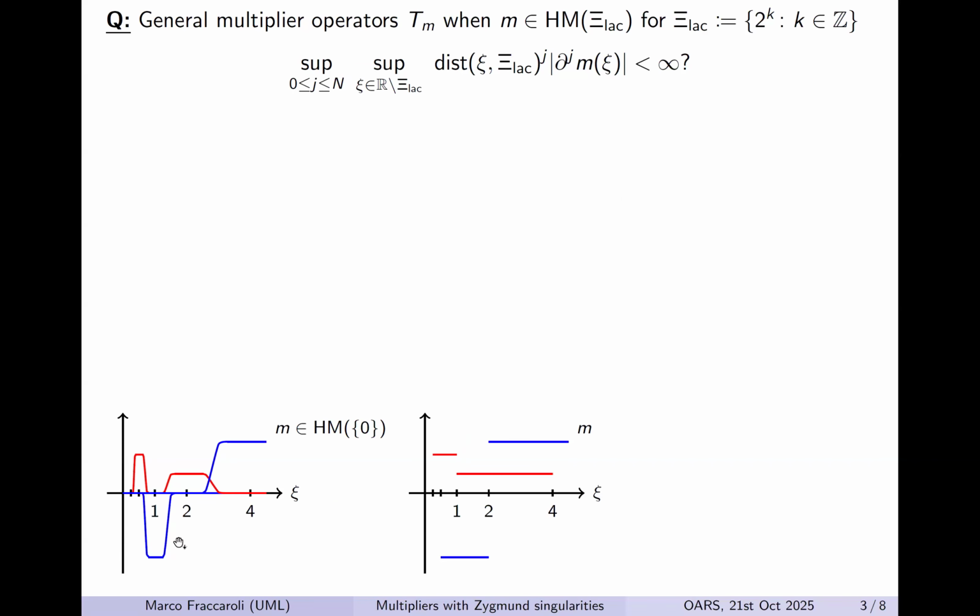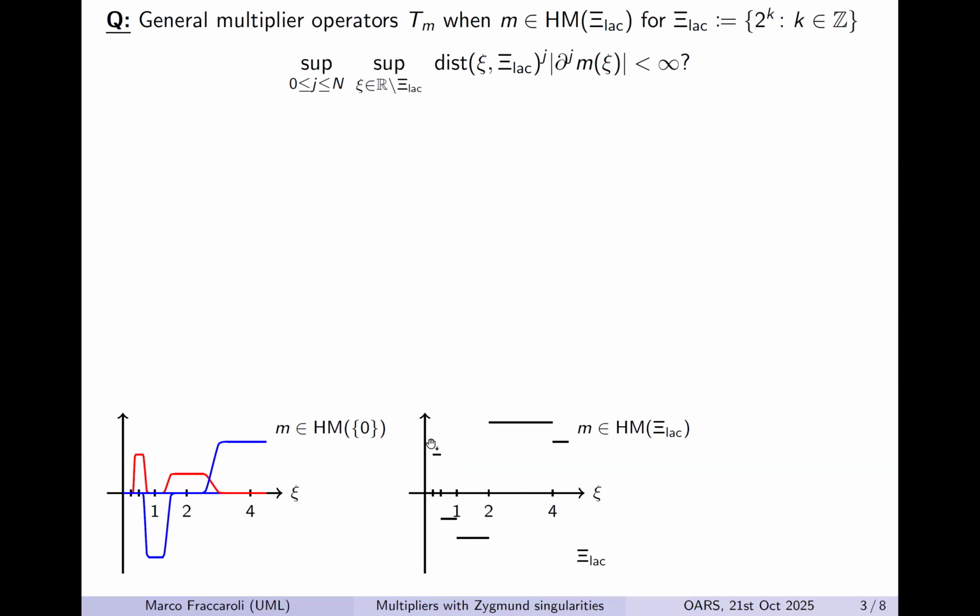So now you could ask, let's go back to the smooth bumps that we had before to construct the Hörmander-Mihlin multiplier. What if instead of being smooth bumps, they were sharp cutoffs? On the second picture, I'm just portraying a characteristic function.